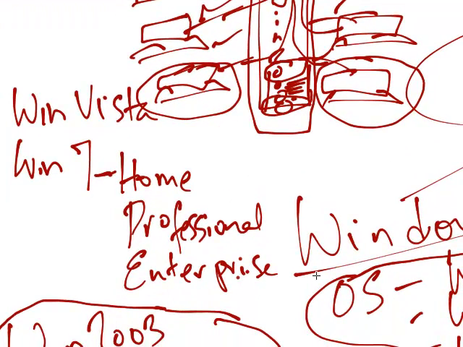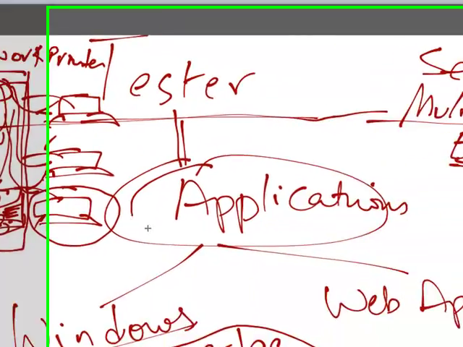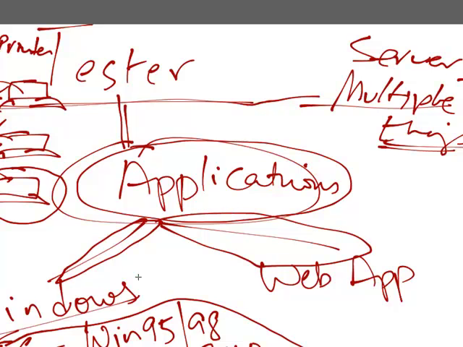For now, we did discuss the operating system. So when you as a tester are testing your applications, you have to have an idea what kind of applications you are testing. The applications could be Windows applications, or it could be web applications.